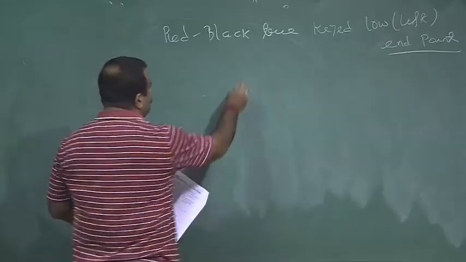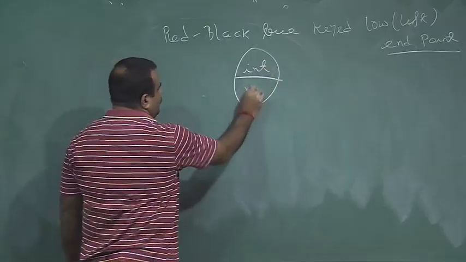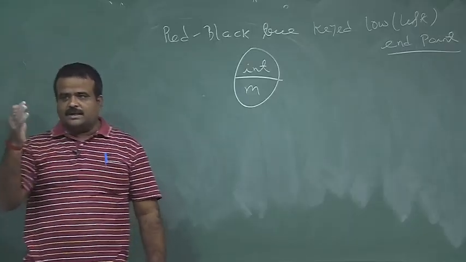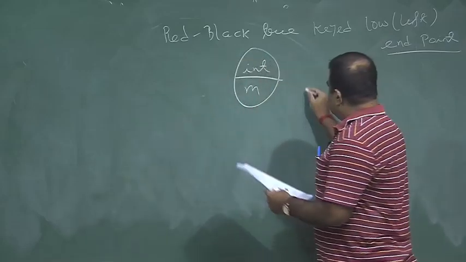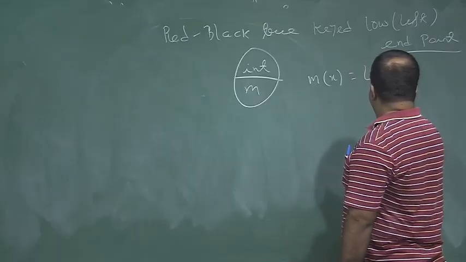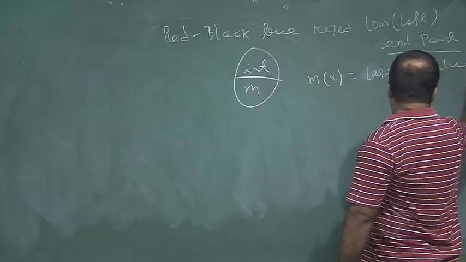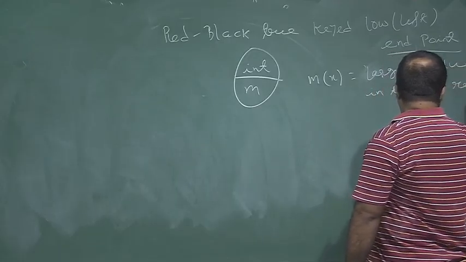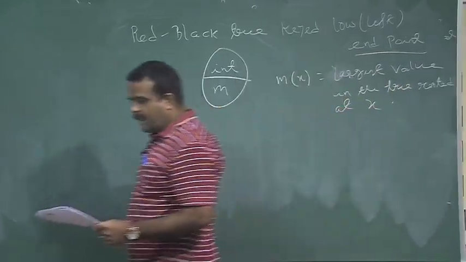And for the augmenting, we keep the interval and here we put m, the maximum value in the tree rooted at that node. So, m of x is the largest value in the tree rooted at x.